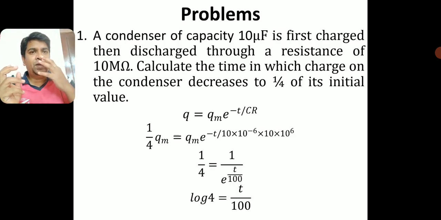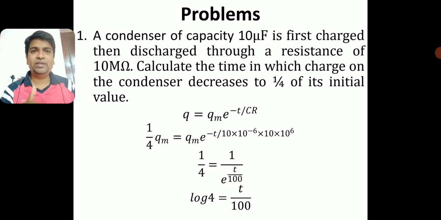Alright, now the capacitance is given, which is 10 microfarad, 10 into 10 to the power of minus 6 farad, and the resistance is given, which is 10 megaohm, 10 into 10 to the power of 6 ohm. Now what I need to calculate is the time in which the charge on the condenser decreases to 1/4 of its maximum value, 1/4 of its initial value.